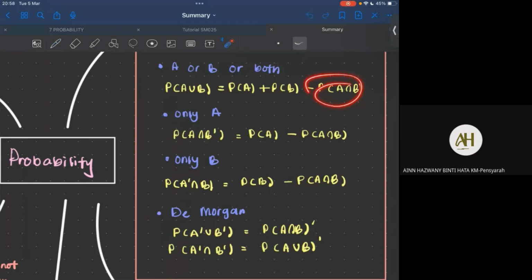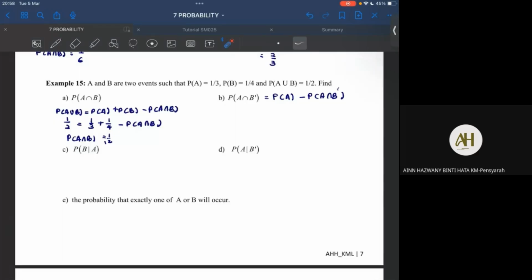Semua di sini tolak dengan P(A intersect B). Walaupun kita nak cari not A sahaja, di sini bukan P(not A intersect B prime). Okay, bukan. So just minus P(A intersect B). P(A) is 1/3. This one from question A. So we have 1/4.